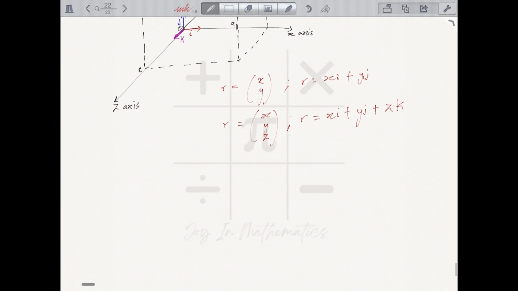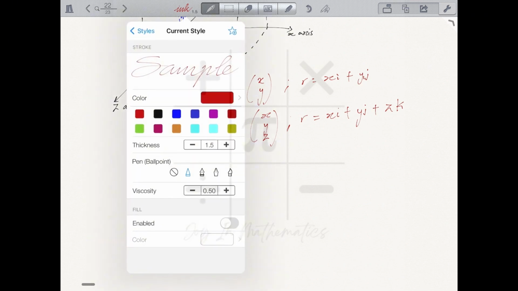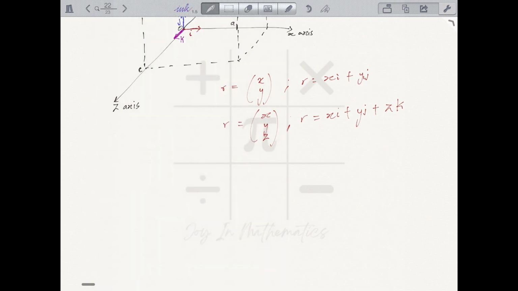This is also the same if we change x, y, z to a, b, c. If r is equal to (a, b), we know r is also equal to ai plus bj. And if r is equal to (a, b, c), then r is equal to ai plus bj plus ck.